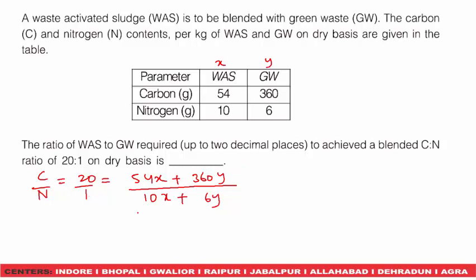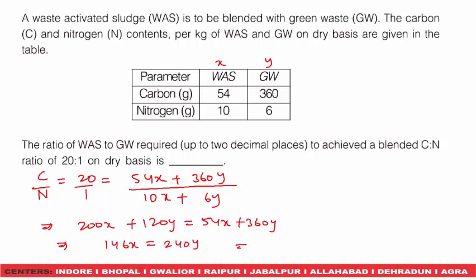So solving this, 20 into 10x, that is 200x, plus 20 into 6y, 120y equal to 54x plus 360y. It implies that 200 minus 54, that is 146x equal to 360 minus 120, 240y.